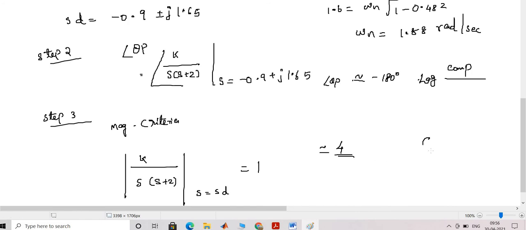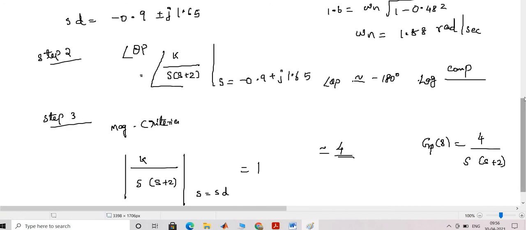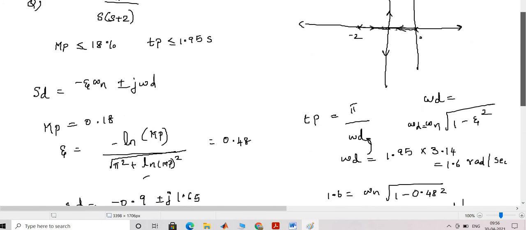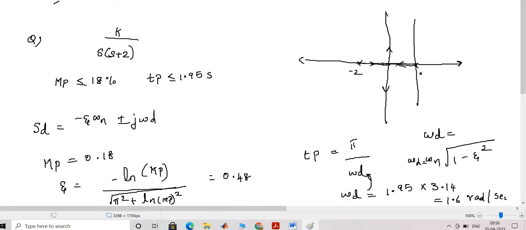So now our open loop system Gp(s) is equal to 4 divided by s into (s + 2). So this is our open loop system. Now in the question they have another specification.